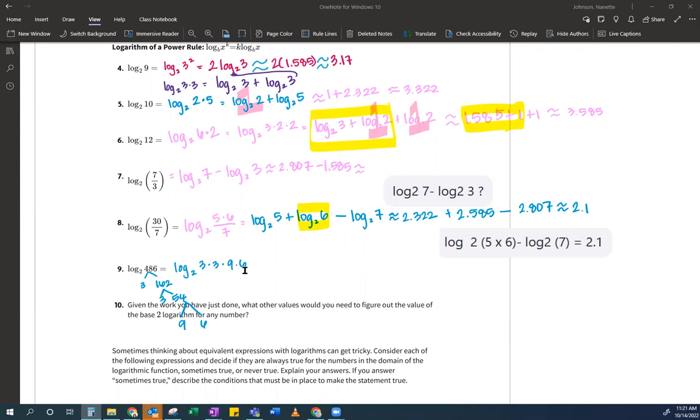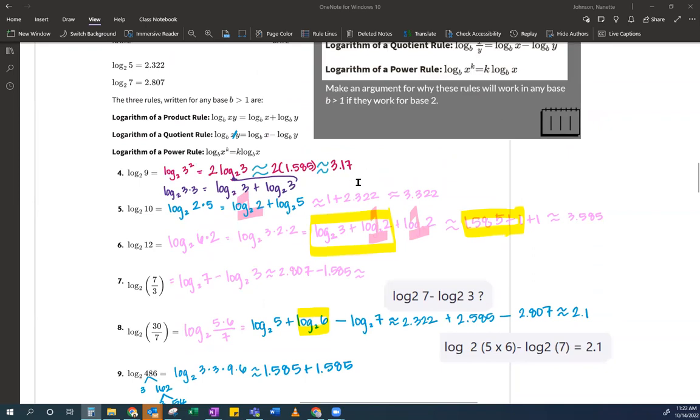I get approximately log base 2 of 3, which is 1.585, plus 1.585, plus log base 2 of 9, which I'm grabbing from right here, that 3.17, plus log base 2 of 6, which is 2.585.